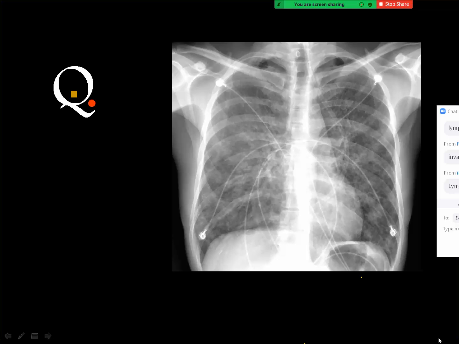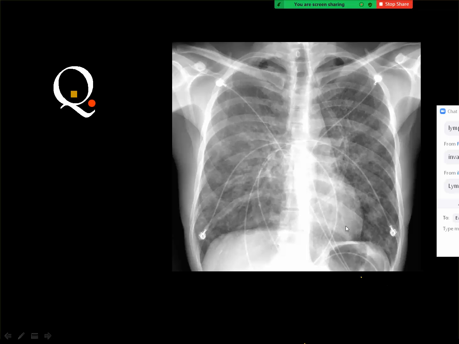Then this is the chest X-ray, and you see diffuse lung disease. And whenever you see a chest like this, then you will ask about the history. Sometimes they may not give you some conclusive history.